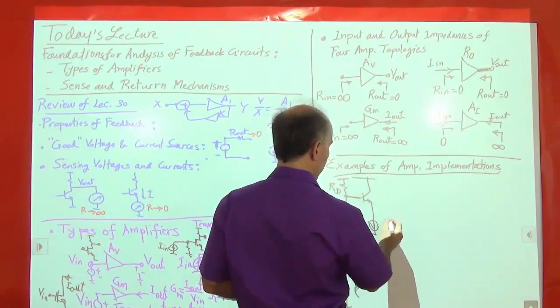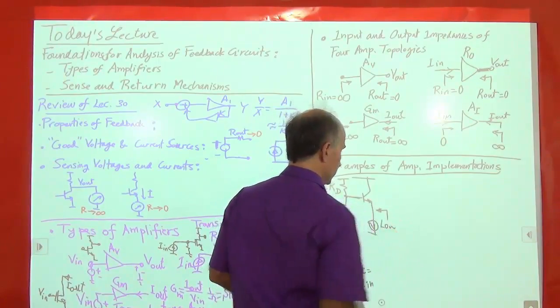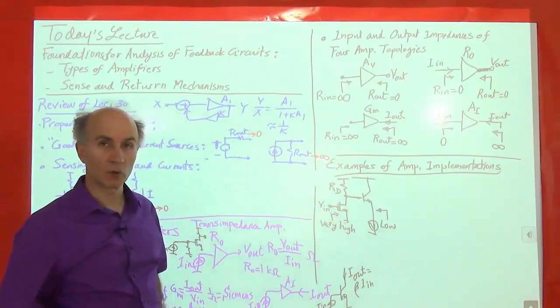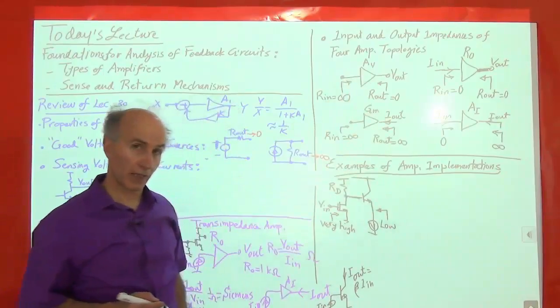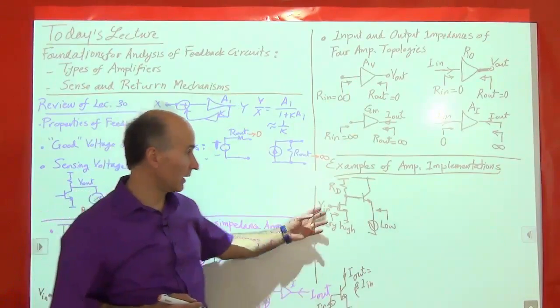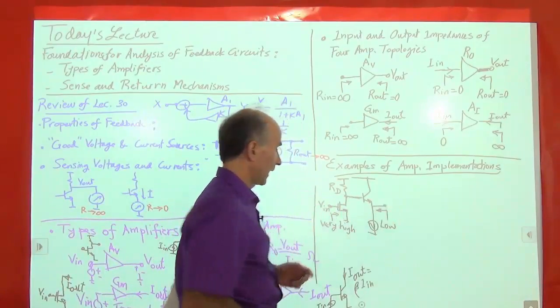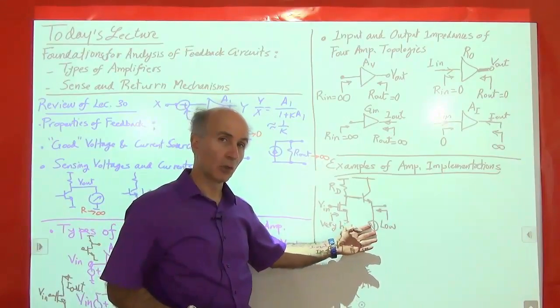So now we see that this is a low impedance, right? So we say low. Not very low, but pretty low. Okay, so this is an approximation of this voltage amplifier. It has some voltage gain, which we can calculate from here to here, and it has a high input impedance, and it has a relatively low output impedance.